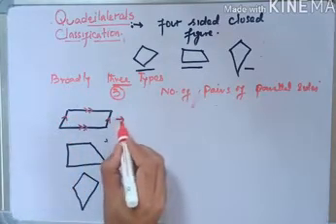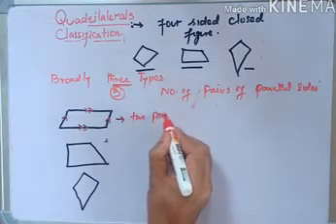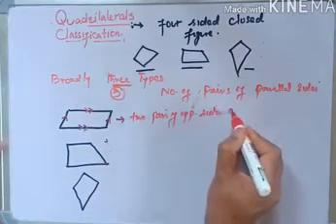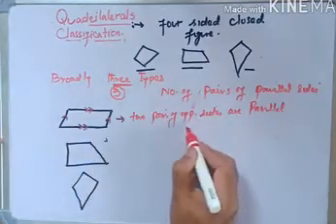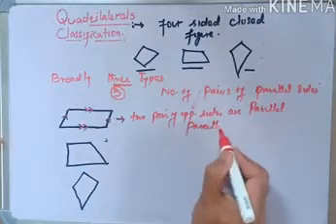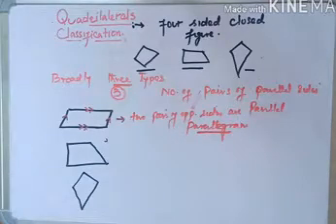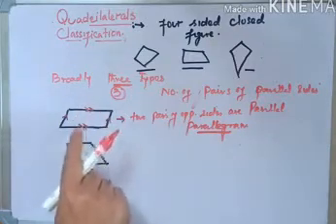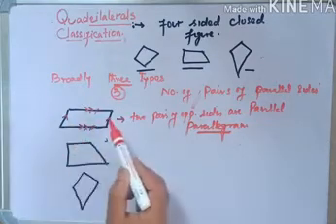In this quadrilateral, two pairs of opposite sides are parallel, and this type of quadrilateral is called a parallelogram. So why is this quadrilateral called a parallelogram? In a parallelogram, both pairs of opposite sides are parallel. This is parallel to this, and this side is parallel to this.